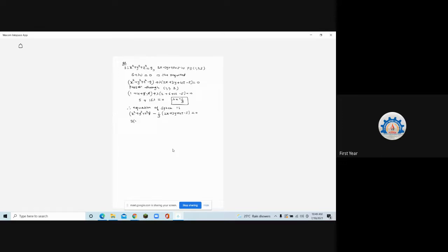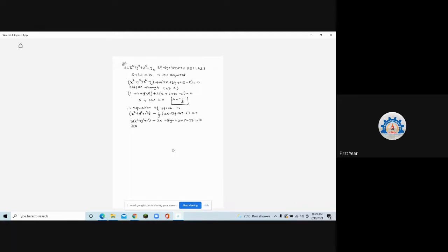It is 3 times (x² + y² + z²) − 2x − 3y − 4z + 5, and this will be 3 into 9, 27, with minus 27 = 0.